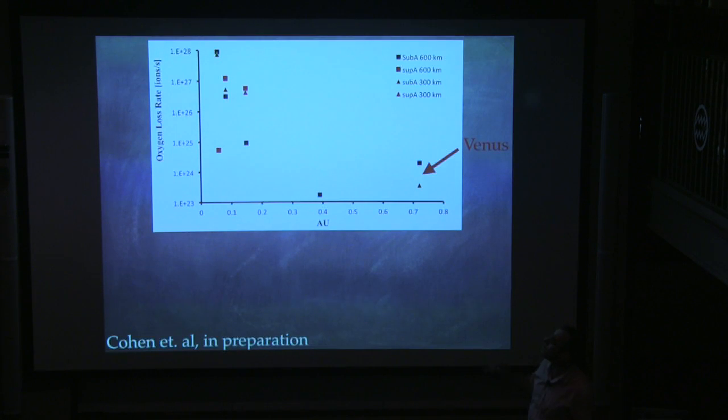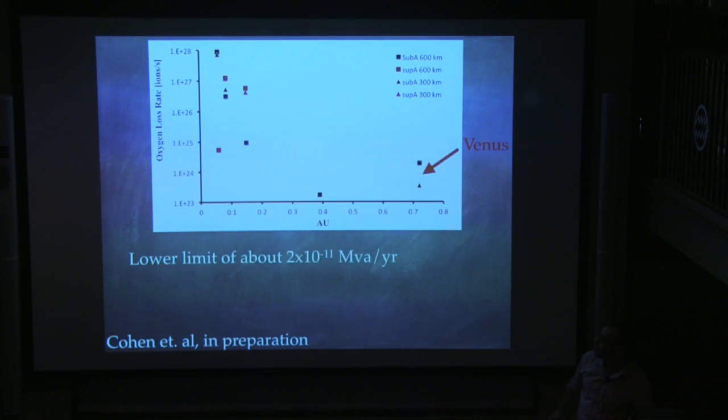And finally, I did a crude estimation of the total mass loss of ions from the planet as a result of the UV radiation and this interaction. I calculated a lower limit of about 10 to the minus 11 Venus atmosphere masses per year. But I would like to state that this model does not account for the acceleration of these ions in the atmosphere.